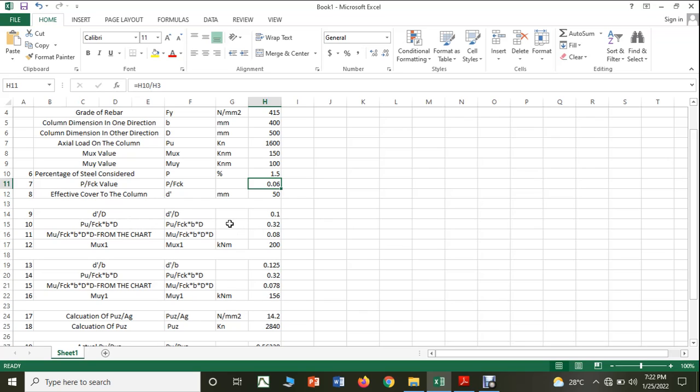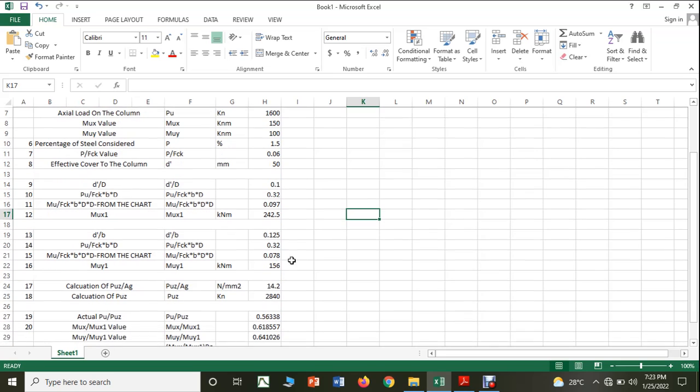Your D dash by D remains the same, and PU by FCK is 0.32 only. Therefore I am going to get the corresponding MU by FCK value from the chart. I am going to get 0.097. So when this is 0.097, your MUX1 becomes 242.5.